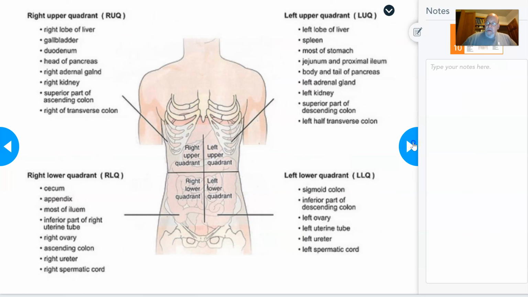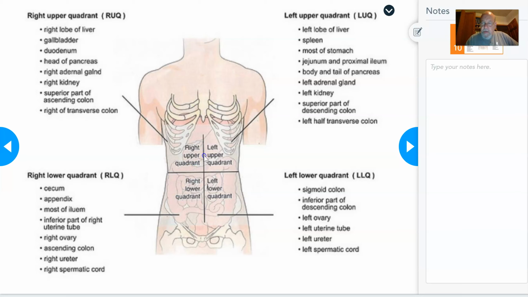Okay, so you can see if I look in the right upper quadrant, I've got mostly the liver. I have the spleen in the left upper quadrant. I have part of the descending colon in the left lower quadrant. I have part of the ascending colon in the right lower quadrant.